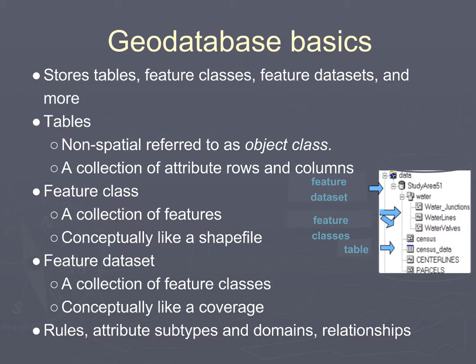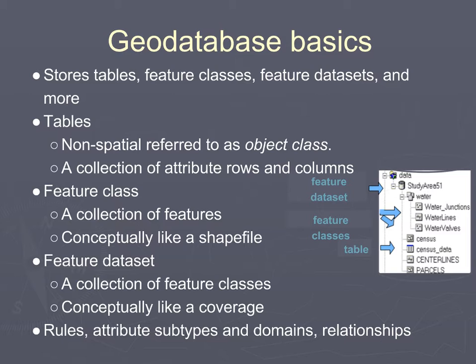So with a feature dataset, you put multiple feature classes inside of it. So conceptually, it's kind of like a coverage, where a coverage had multiple feature classes. However, the difference is, in a coverage, all feature classes were topologically related, whereas in a feature dataset, they may or may not be topologically related.